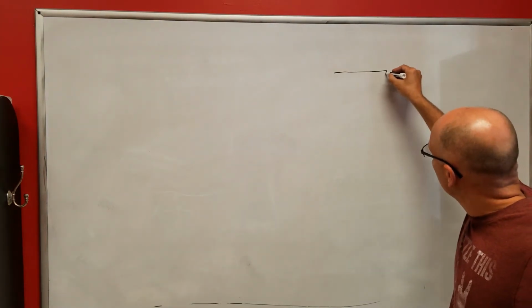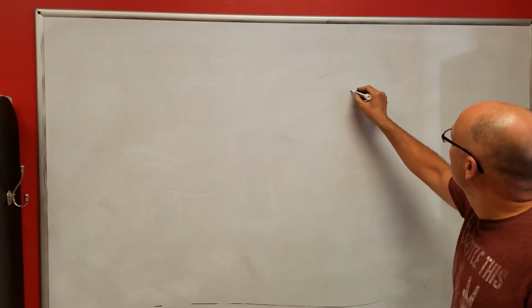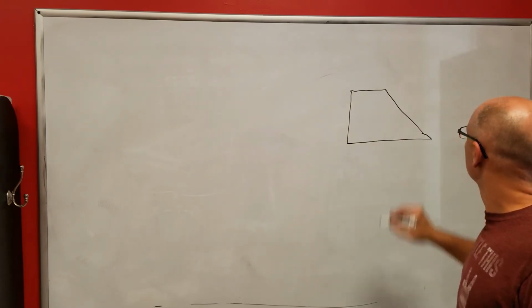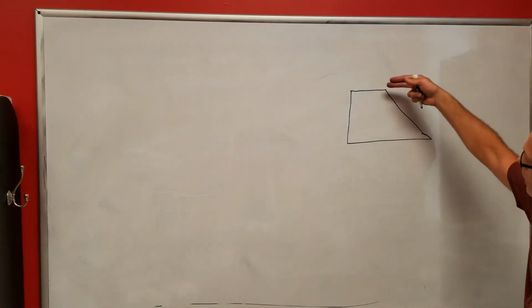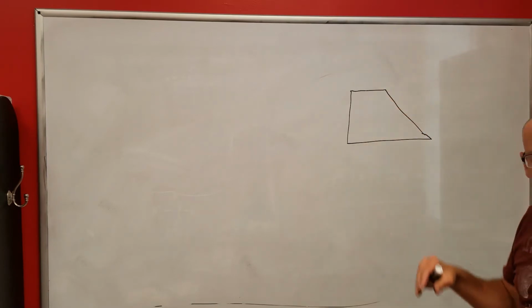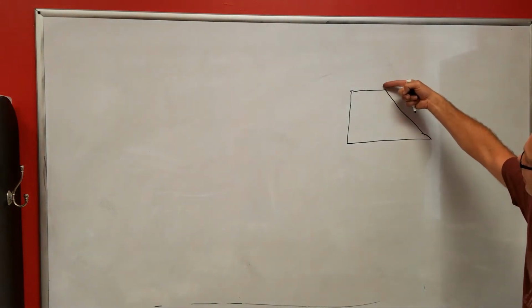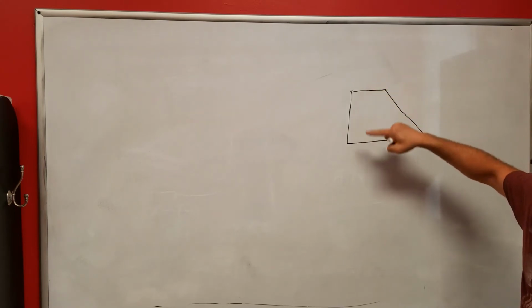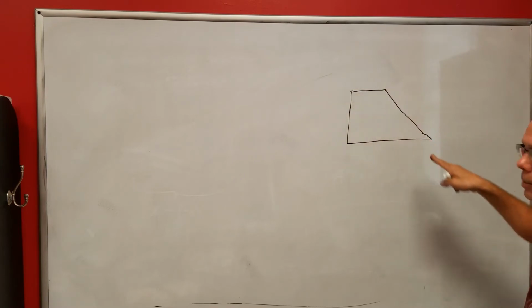All right, let's see what we're talking about here. Oh, I can't draw. What if I have this shape right here? You learned way back in the day that that is a trapezoid, right? And the way they probably defined it was they said, okay, it's a polygon, a closed figure made up of lines, and it has one set of opposite sides that are parallel to each other. So this side is parallel to that side, but this side is not parallel at all to that side.